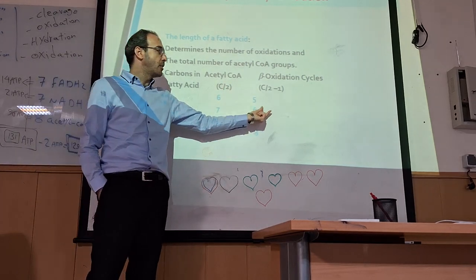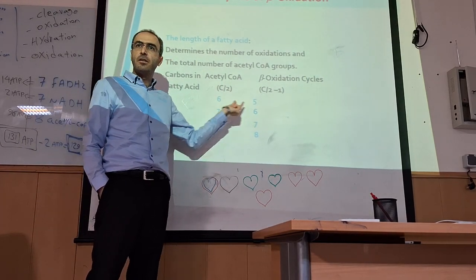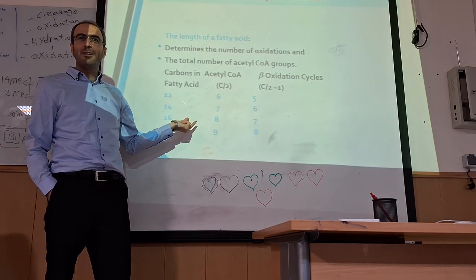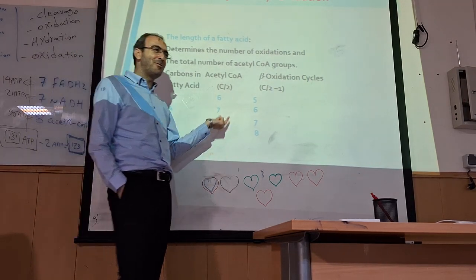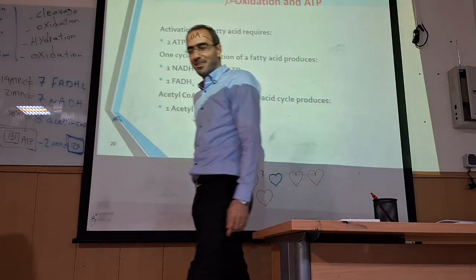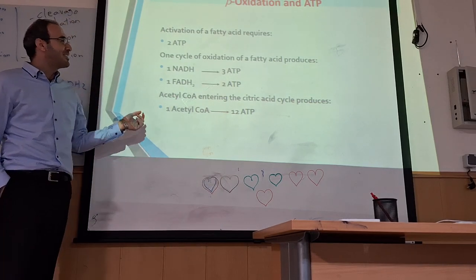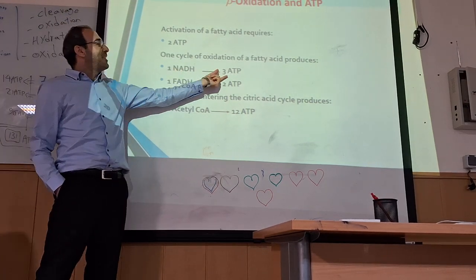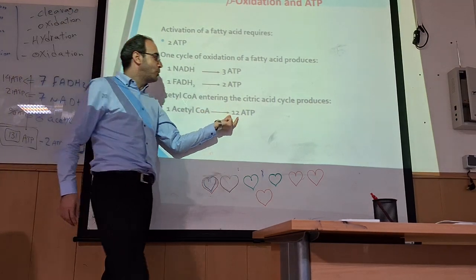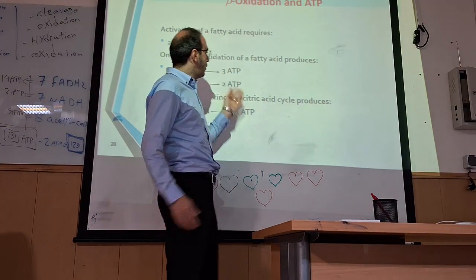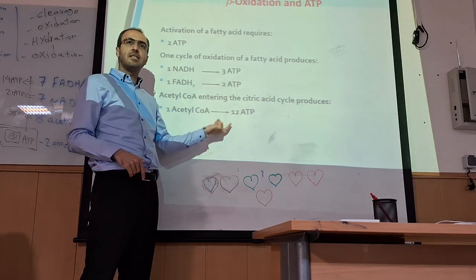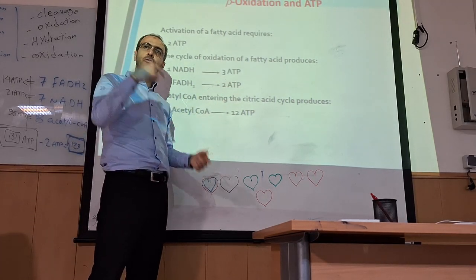NADH is equal to 3, FADH is equal to 2, acetyl-CoA is equal to 12. In each cycle we have all of them, but because we have one cycle less than the number of acetyl-CoA, you should consider that.